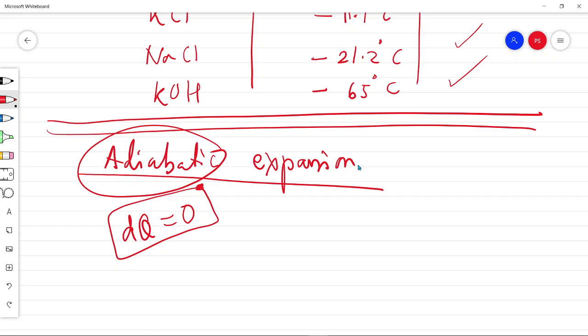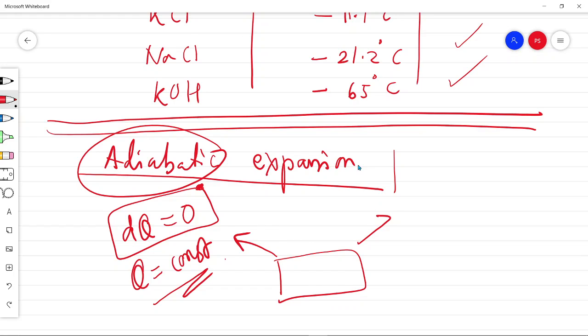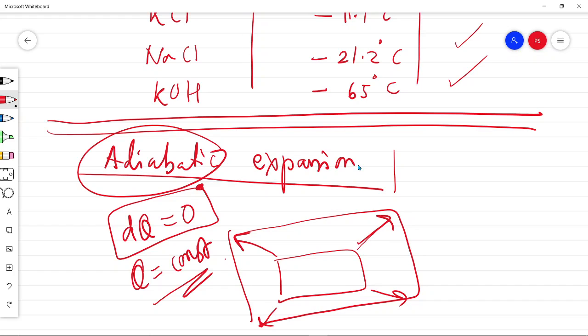The change in heat of the system is zero, or the heat of the system is constant. And if such a substance is allowed to expand suddenly, the heat required for this expansion is taken from the substance itself, and as a result the temperature falls down.